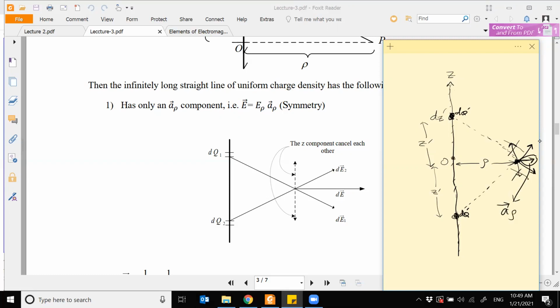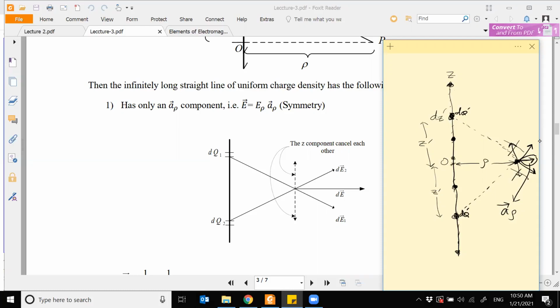Now I am doing this only for this small thing. Since it is infinite, we can say that for any small charge which is here, there will be an equal charge present here. And again, when you look at these two charges' effect at this point, their Z components will cancel. And if you take one charge here and one charge here, again they are equal, and at this point their Z components will cancel.